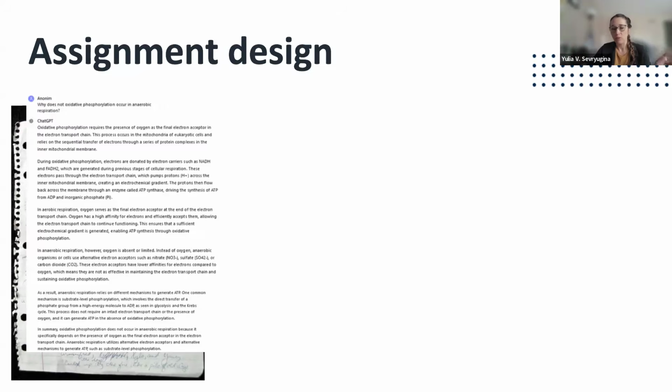So when we implemented these tools, we decided that students can start from some draft. In this case, of course, this draft will look like a draft produced by ChatGPT.